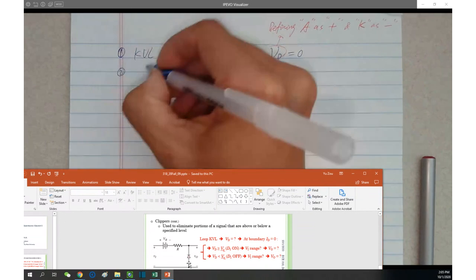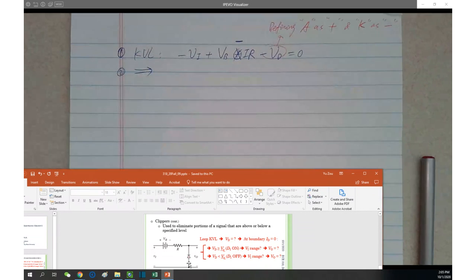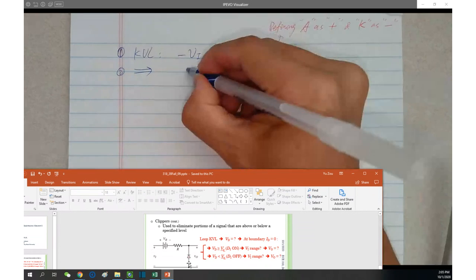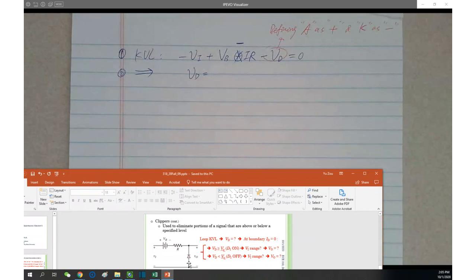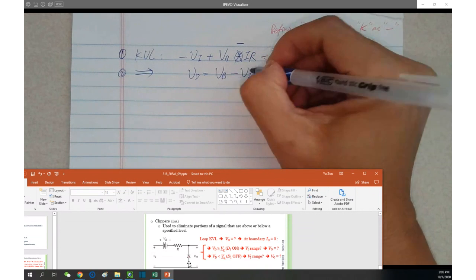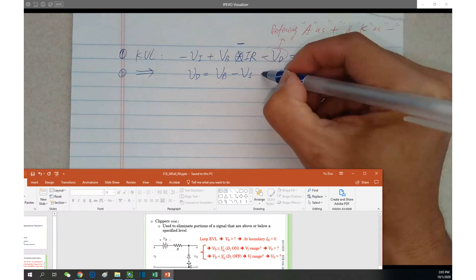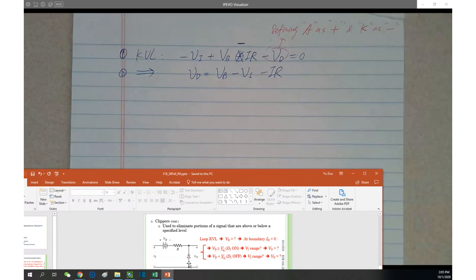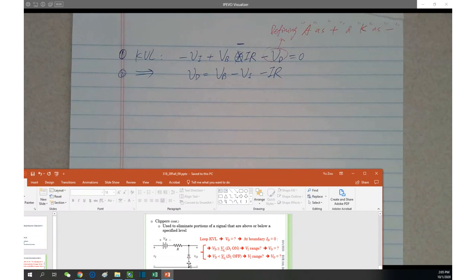Second, we are doing what? According to your notes from the previous example, we are trying to derive what? VD, very good. Deriving VD. These are not difficult.